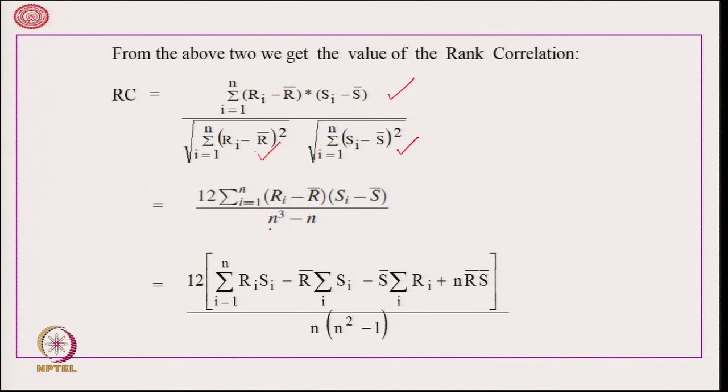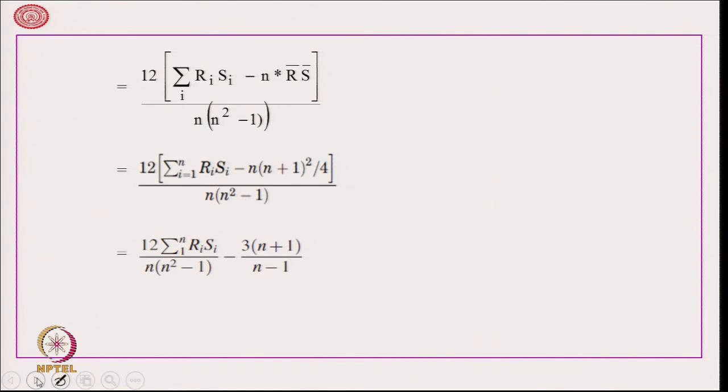Because these two values are the same, we get n³ - n, and what we are getting eventually is this formula: 12 upon n(n²-1) multiplied by, as we open up this product with the summation, the sum of R_i S_i minus R bar times the sum of S_i minus S bar times the sum of R_i plus n times R bar S bar, which comes out to be 12 times (the sum of R_i S_i minus n R bar S bar) divided by n(n²-1), which can be further simplified to 12 times the sum of R_i S_i upon n(n²-1) minus 3(n+1)/(n-1).